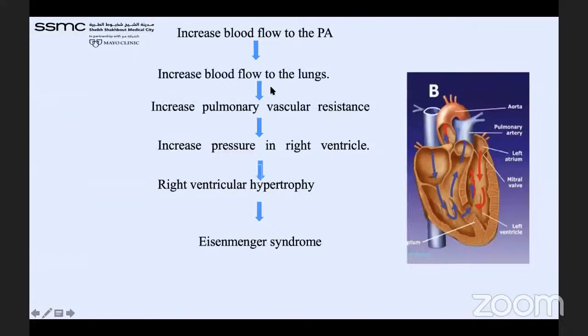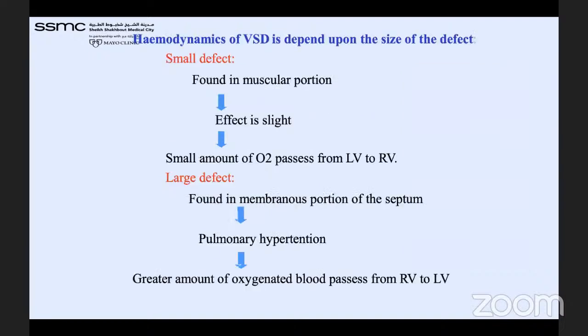Then, of course, there is increased blood flow to the lung, increased pulmonary vascular resistance, increased right ventricular pressure and right ventricular hypertrophy, and then again the Eisenmenger syndrome. So this is the complication. If it continues and is not closed, then you have to close it by surgery.